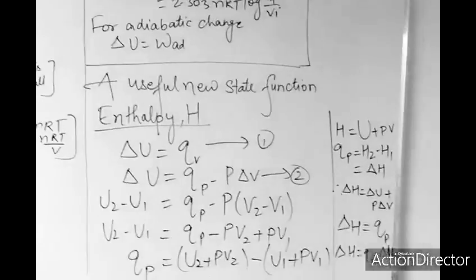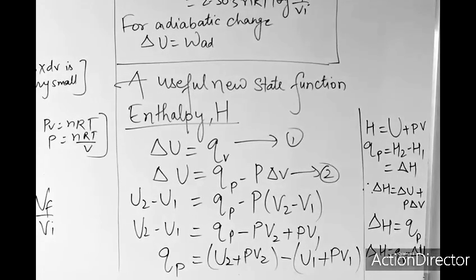Now you can ask me, sir, what is this H? You can see in the corner of the board as I have written H is equal to U plus PV. What is U? Internal energy. PV is pressure times volume, and H is enthalpy. So the new function called enthalpy is equal to internal energy plus PV.